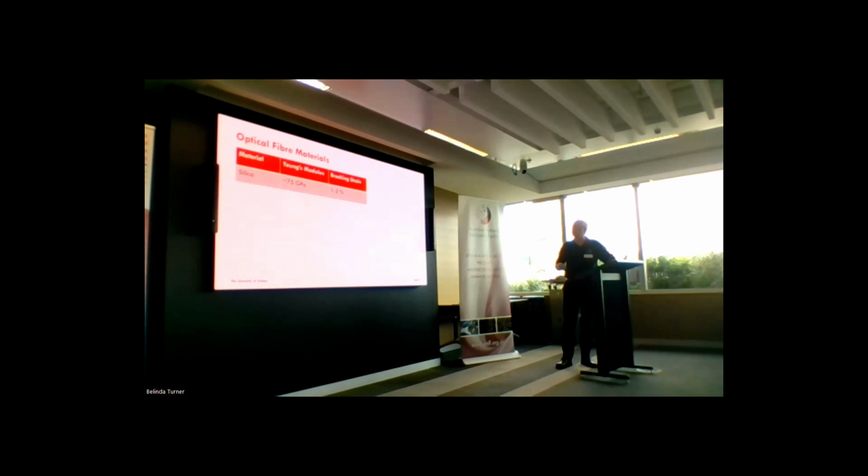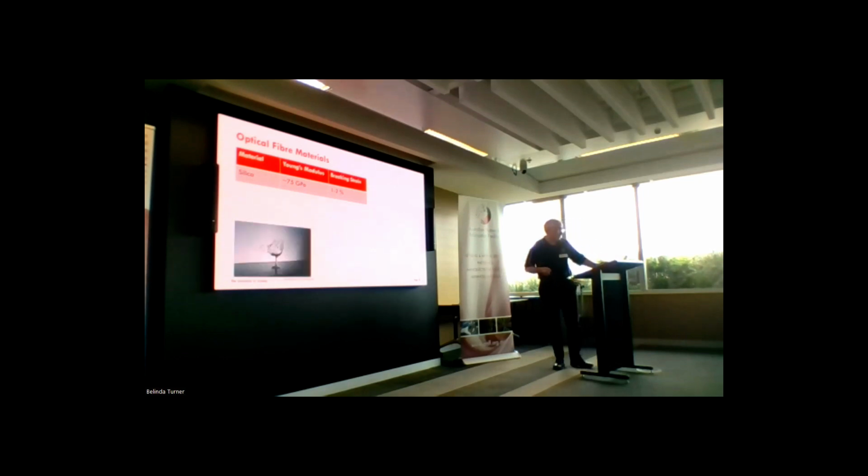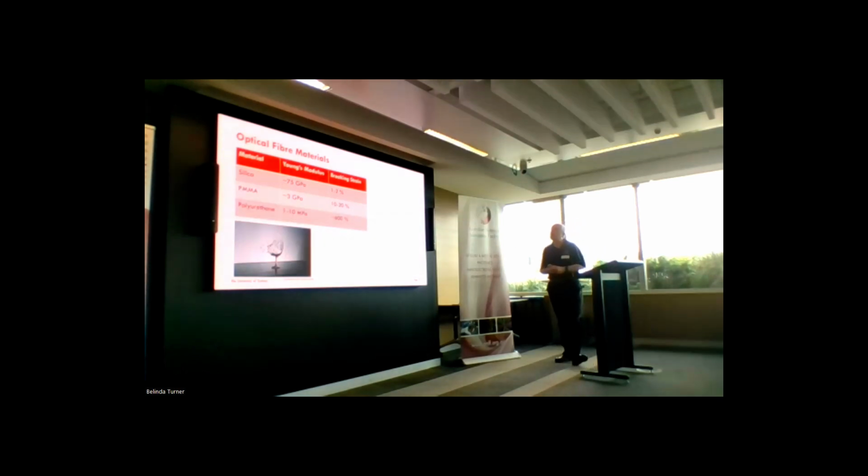So looking at some materials, silica, which we all know and love and makes most optical fibers, has a high Young's modulus approaching 100 gigapascals and a very low breaking strain. Stretch it more than 1 or 2% and it breaks. We all know that glass is hard and brittle. PMMA perspex is a bit lower Young's modulus and a bit higher breaking strain, but polyurethane is really quite interesting.